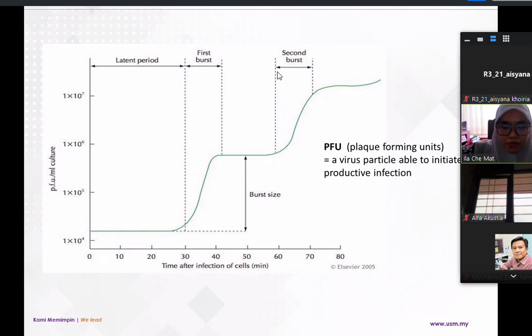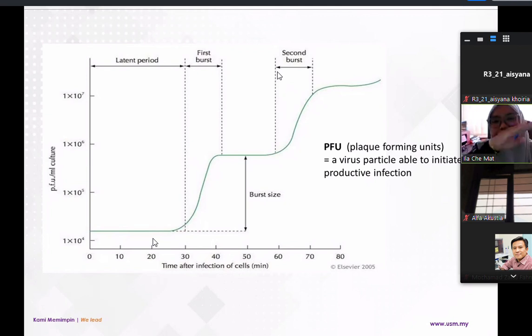So let's start with the attachment, and then penetration, the entry, and then the synthesis. Okay, so this is how it looks when we plot them, when we do the PFU, the plaque assay. The first thing here, you see the latent period.